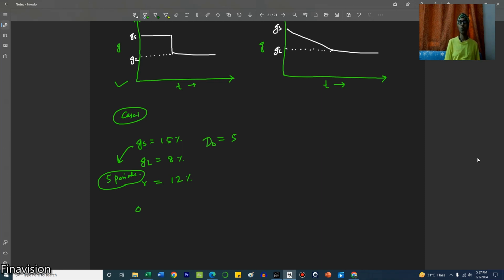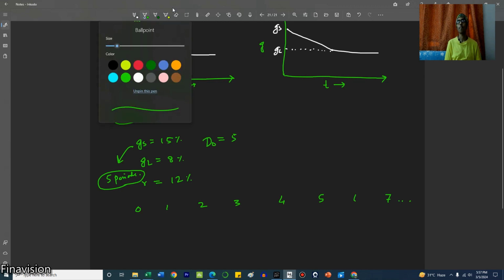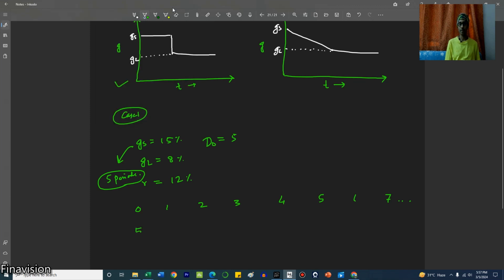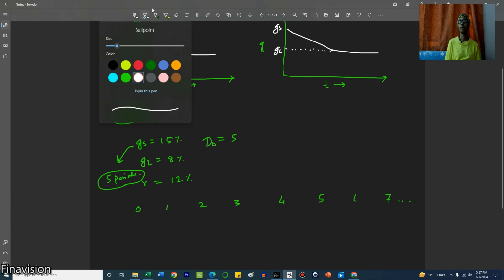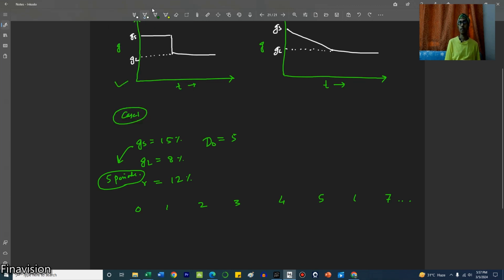So 0, 1, 2, 3, 4, 5. This is the GS period, and from there on it's a perpetual growth rate. So at t is equal to 0, the dividend is $5.